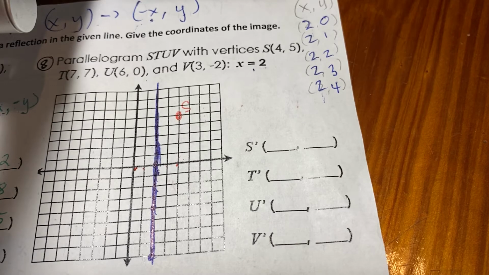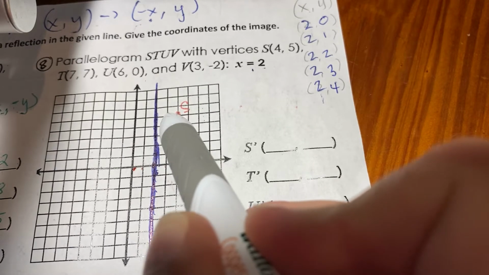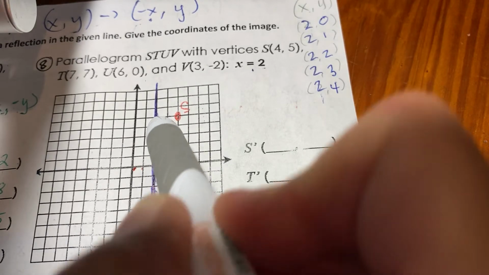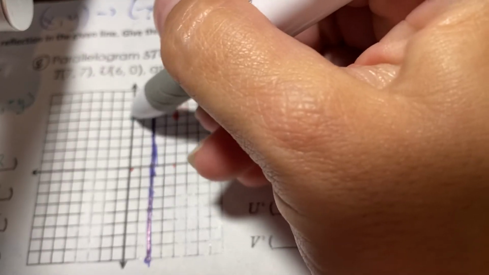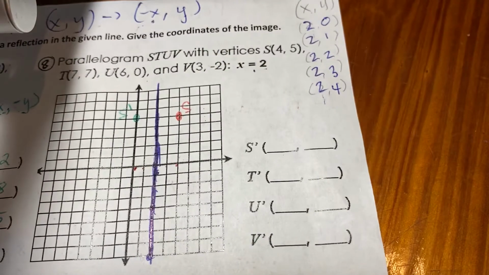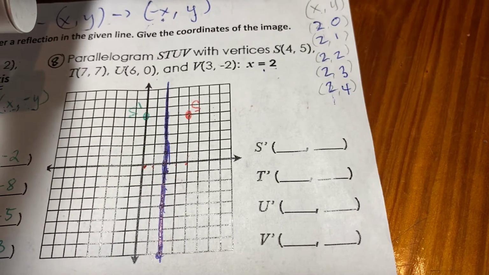You have to count units from the line of reflection. So S is 2 units from the line of reflection. So S prime is going to be 2 units from the line of reflection. Okay? There is no function notation when x equals something or y equals something. If it's a number, there's no function notation. You just have to count.